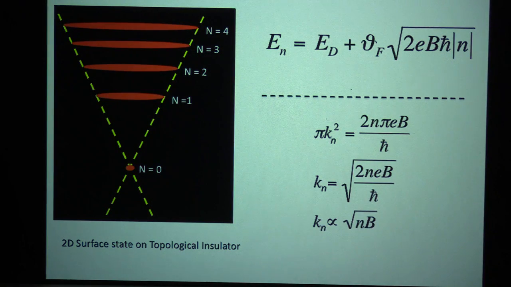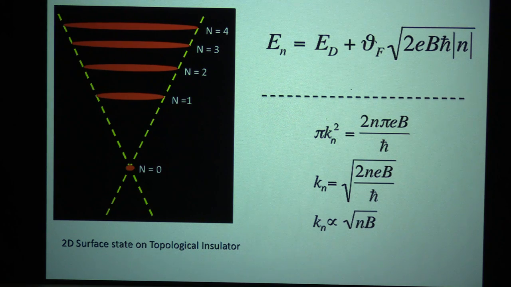So first, let's use our tried and true technique of Landau level spectroscopy: turn on a magnetic field and look at the Landau levels. Let me just remind you, what you expect to see is states at different energies labeled by this integer n. And you also expect to see one non-dispersing state at the Dirac point. I also want to remind you that semi-classically speaking, the area occupied in k-space by each level is just pi k squared, and k therefore is proportional to the square root of nB.